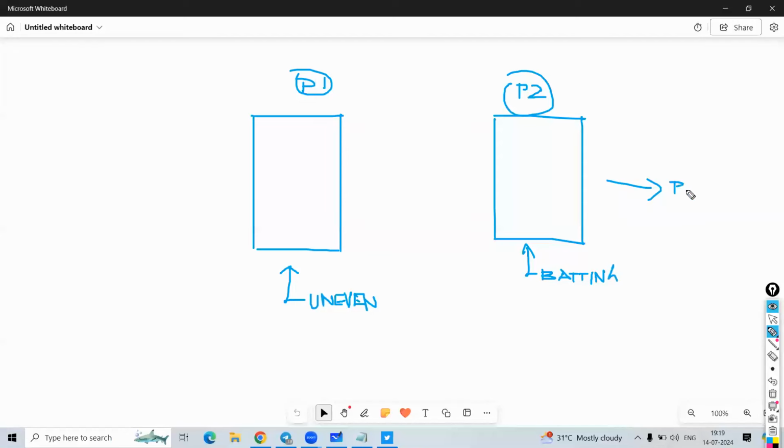Pitch 1, pitch 2. So this is an uneven pitch. This is a pure batting track.